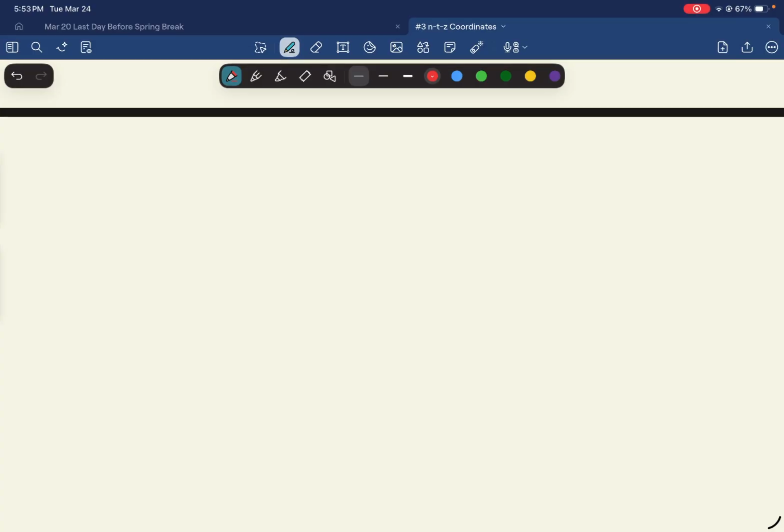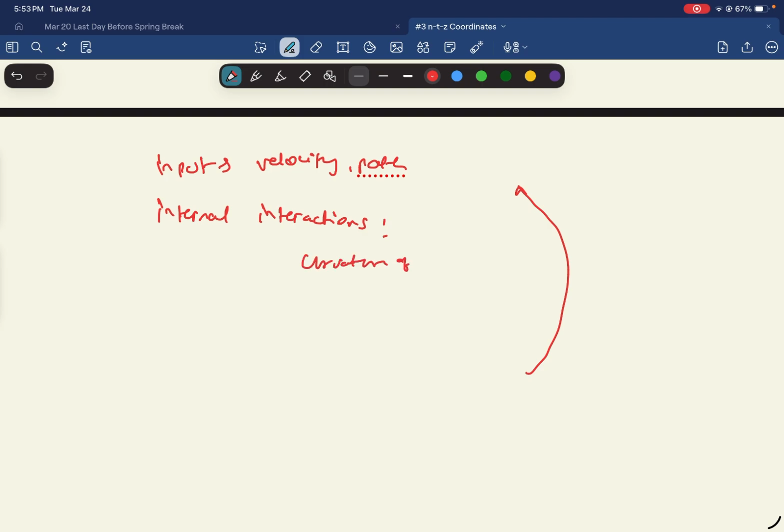Now let's take the NTG coordinate system one step deeper and understand its input, internal interactions, output, constraint, and uncertainty. So if I write its input, what do you think the input is? Velocity and path. Remember the curvilinear. And what are its internal interactions? Curvature of path.